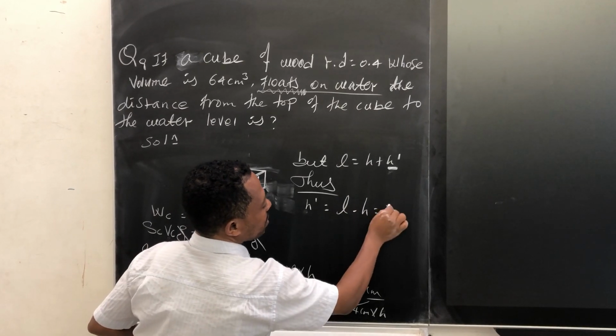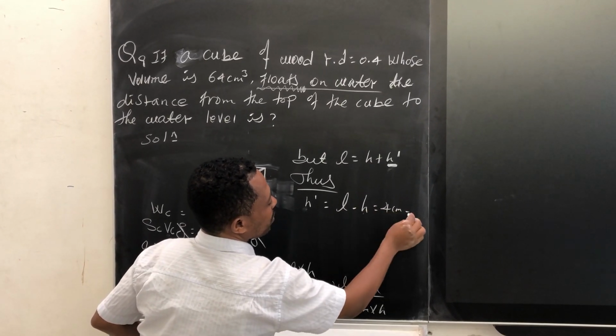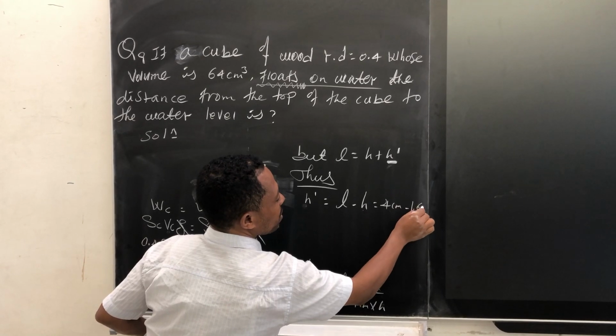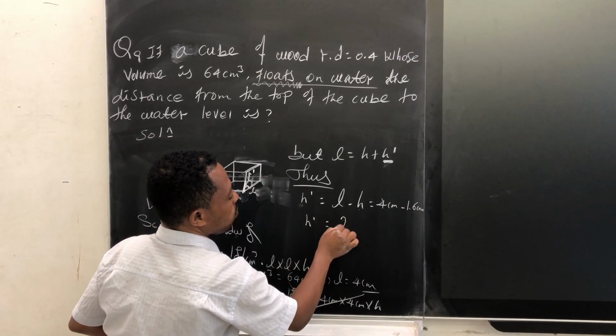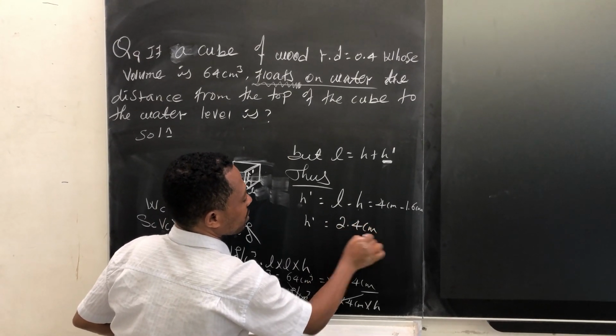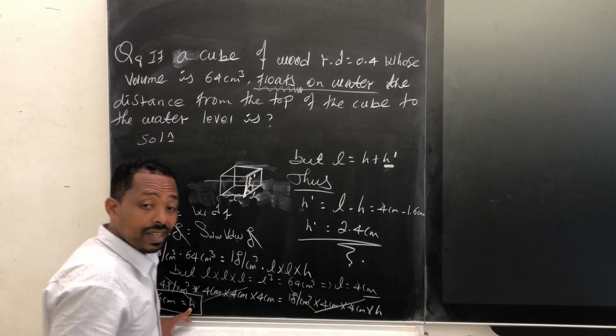L is 4 centimeters, h is 1.6 centimeters, and then h prime becomes 2.4 centimeters. We did it.